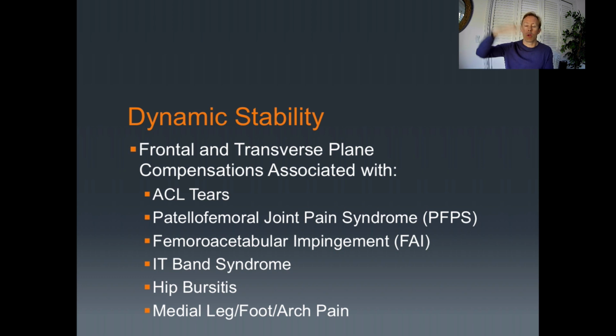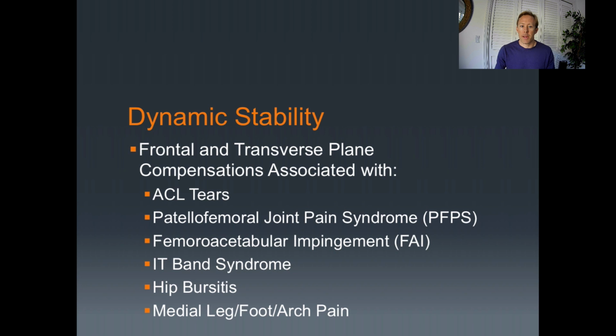So this whole lower quarter, low back, hip, knee, ankle, and foot, all kinds of potential issues could occur when you see these types of movement patterns, where we get back to that hip versus knee dominant strategy, and especially where the leg is collapsing inwardly toward the other leg.